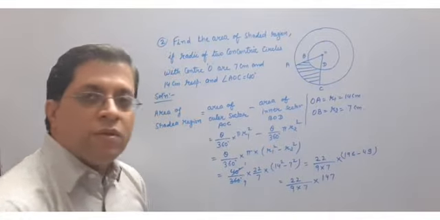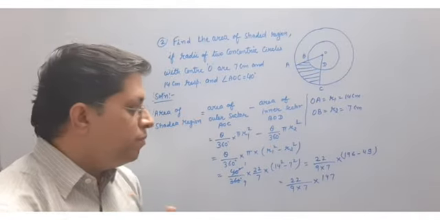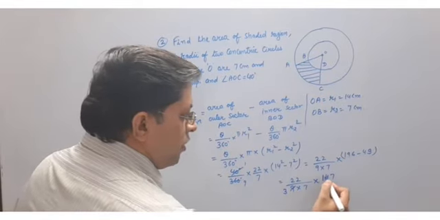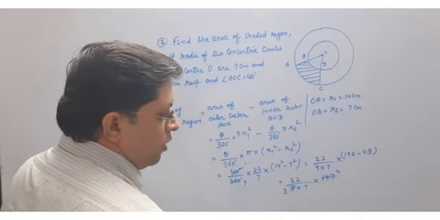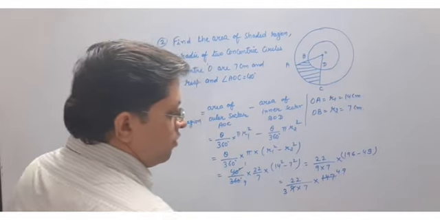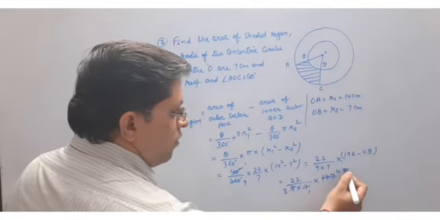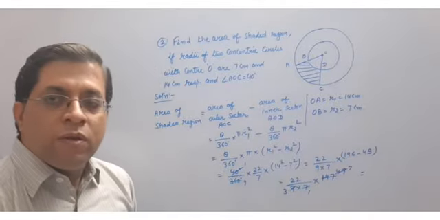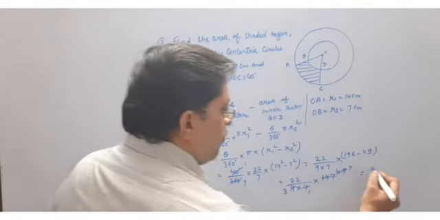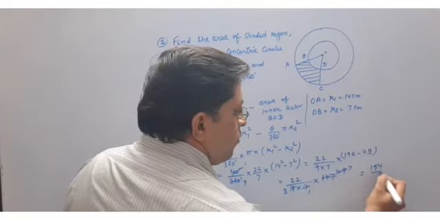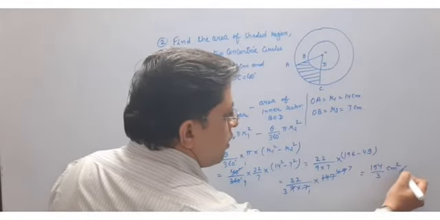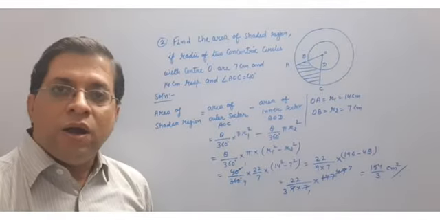This we can simplify by taking 3. 3 3s are 9, 3 4s are 12, 3 9s are 27. Then 7 7s. Here is 22 into 7. 22 into 7 is 154. 154 upon 3. What is the unit? Centimeter square. This is your answer.